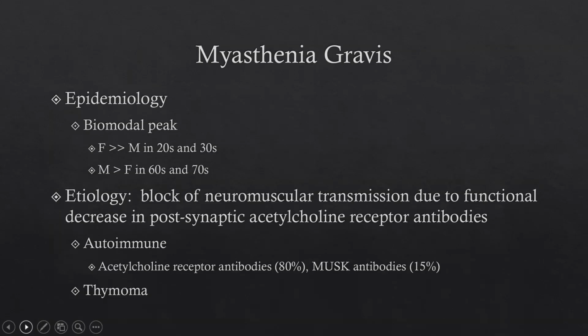In essence, myasthenia gravis is a post-synaptic junction problem where antibodies bind to acetylcholine receptors and therefore block acetylcholine from binding to the receptors.